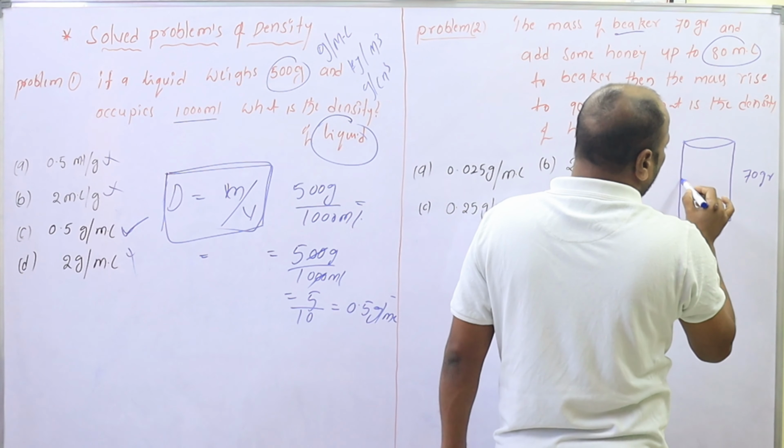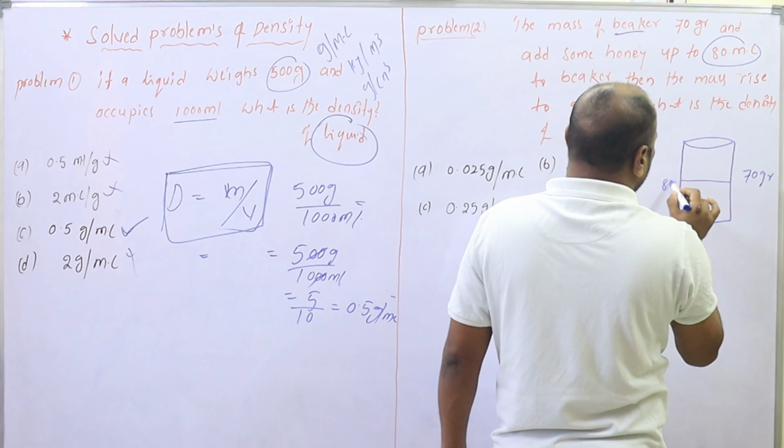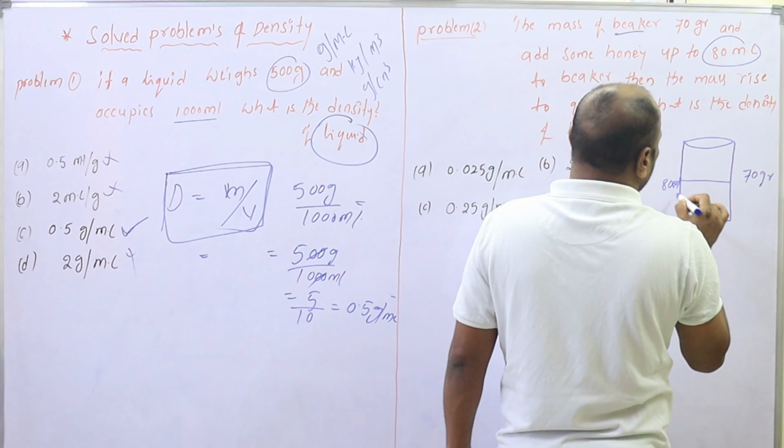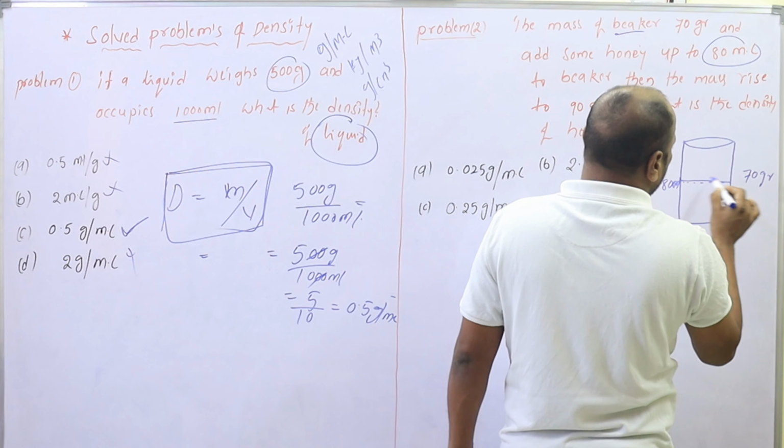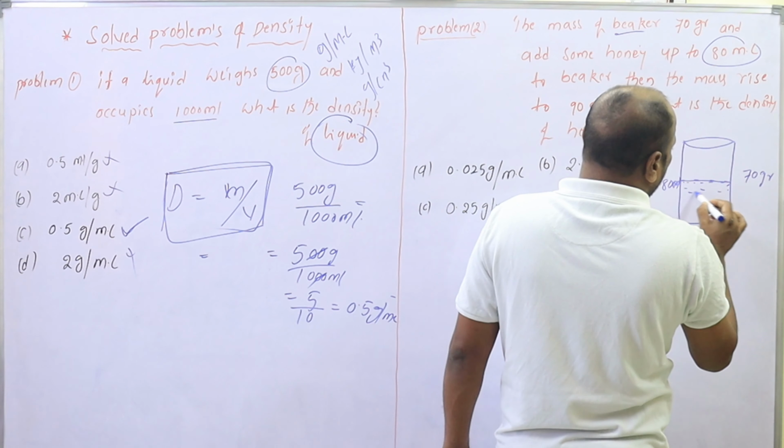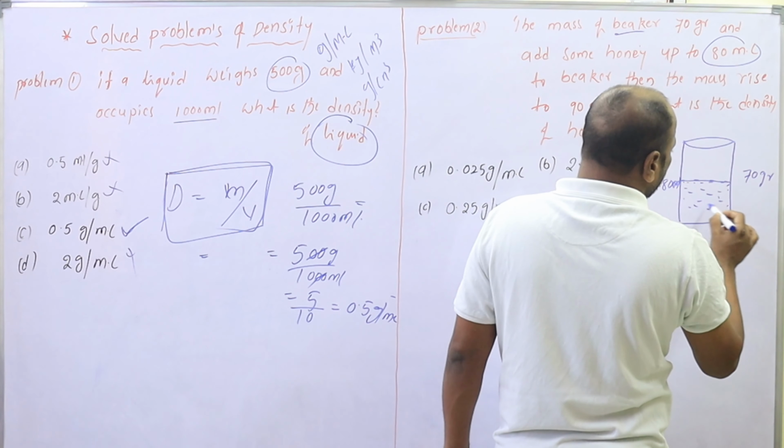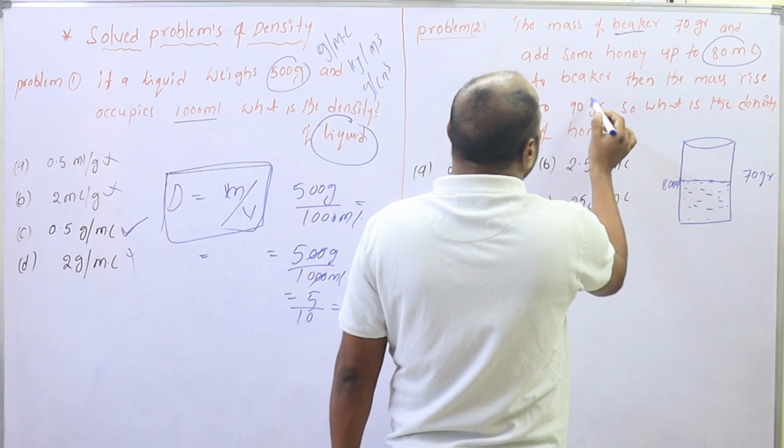See here, it is a beaker. The beaker weight is 70 grams. Honey is added up to 80 ml, and the beaker mass is raised to 90 grams.